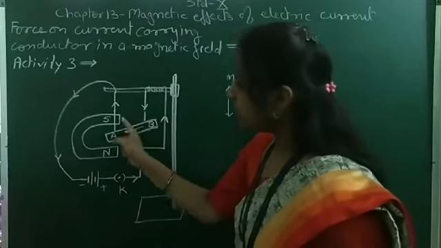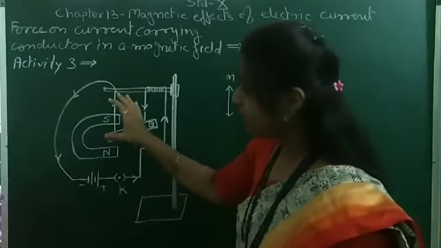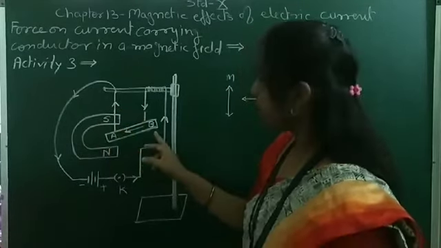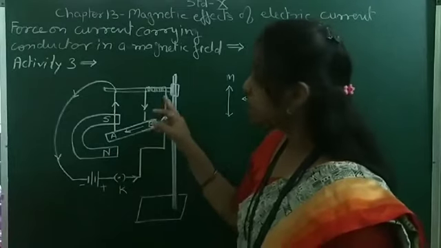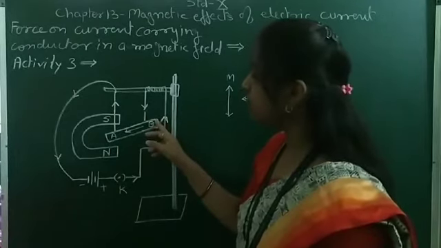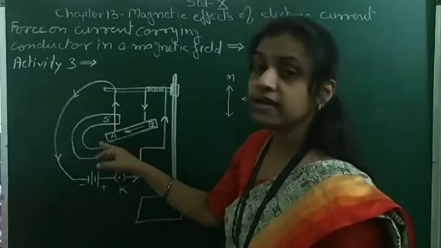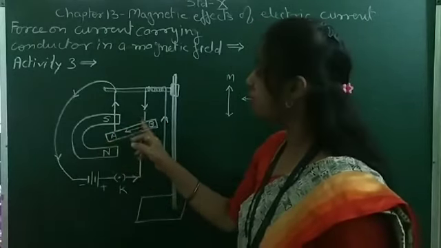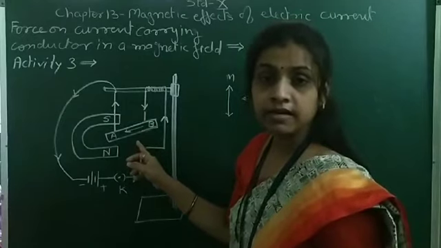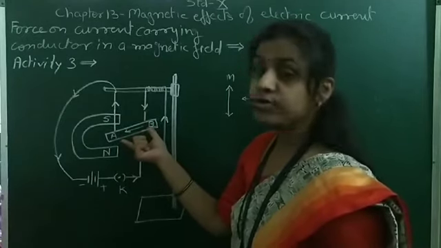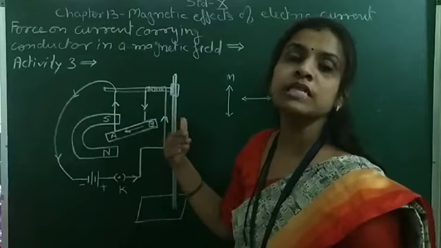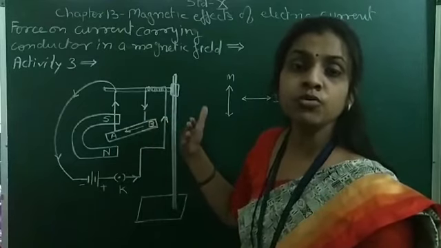Now the magnetic field is already present here, along with a current carrying conductor. Whenever this current carrying conductor is placed in a magnetic field, the magnetic field exerts a force on the current carrying conductor, and therefore this aluminium rod AB moves towards the left. Why does it move towards the left?